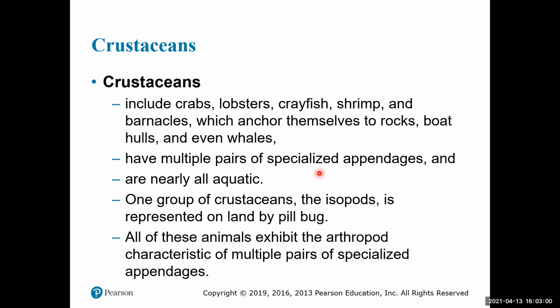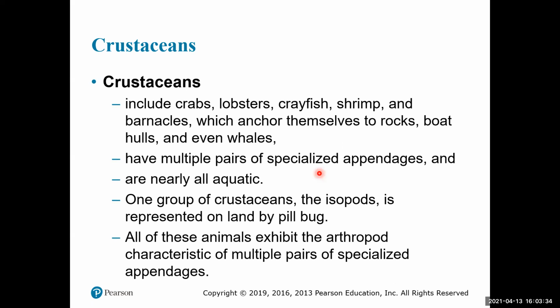And like we saw with the lobsters, they have lots of specialized appendages for swimming, walking, defense, etc. And all of them are aquatic, except for a group of isopods that live on the land. And so if you're familiar with the roly-polies or the pill bugs, the character from A Bug's Life, those are actually crustaceans. They're not insects. And so they're from the crustacean group.